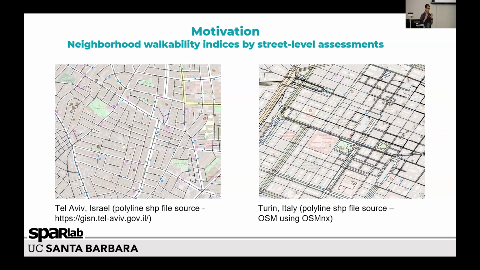So I'm going to show you how we reduce the number of multi-lane streets into one single lane while maintaining the topology, or the connections between the street networks.